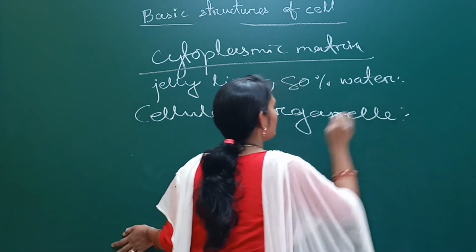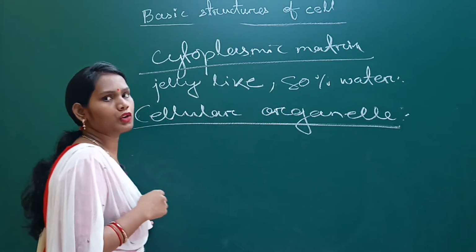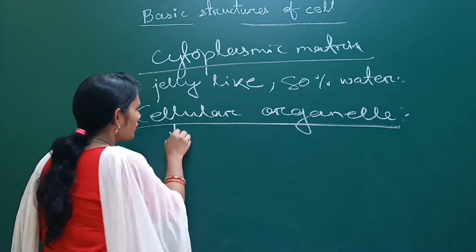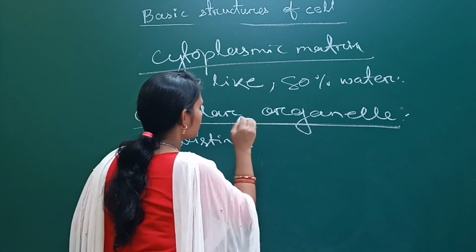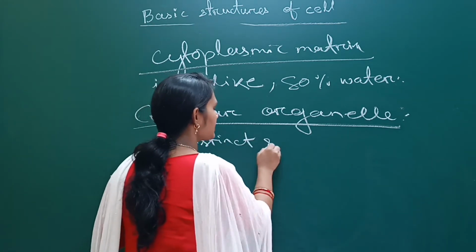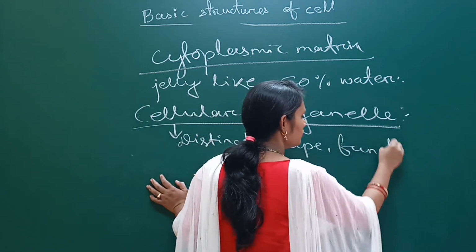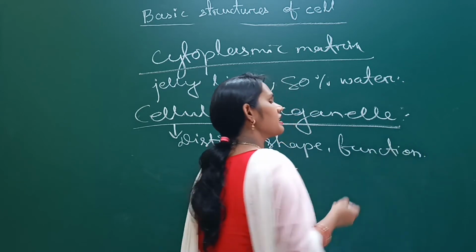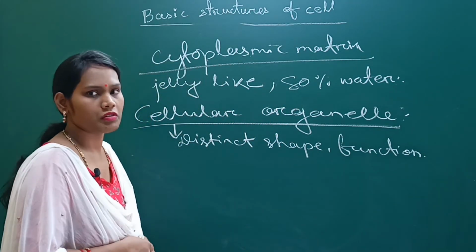There are different cellular organelles present within the cytoplasm. They have a distinct and definite shape, they have a definite function, and they remain separated from each other.